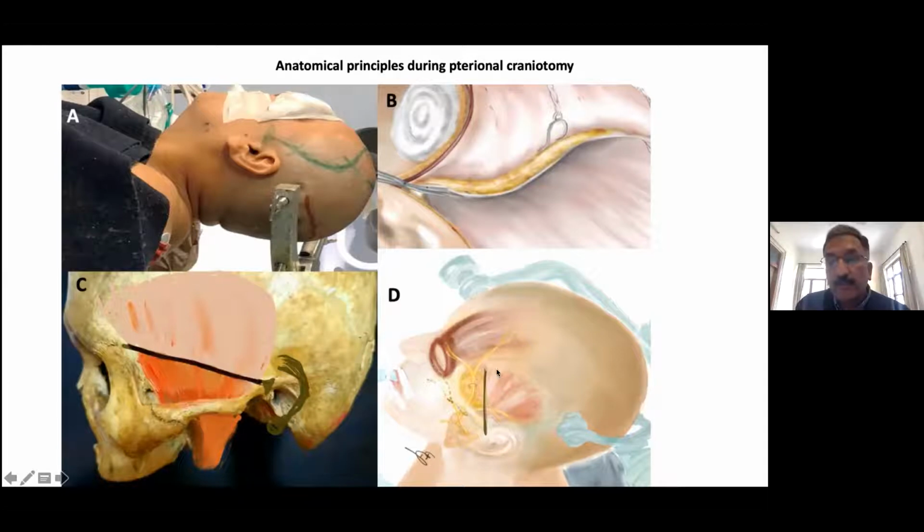If you draw a line from the frontozygomatic suture here to the tragus, the temporal fascia above this line can be left, but below this, both the fascial layers have to be taken together because this is in the interfascicular layer. When you take it below this, the facial nerve will come within this and will be reflected downward from the zygomatic bone.